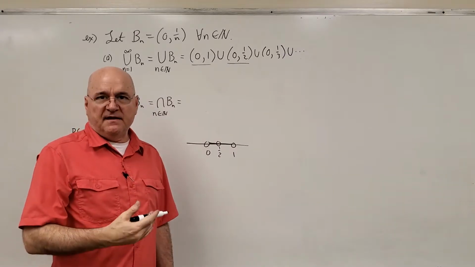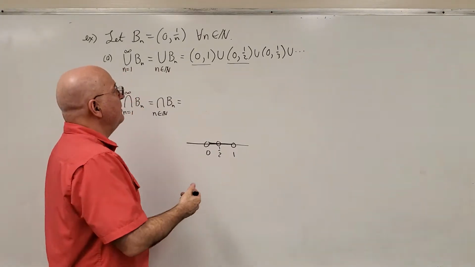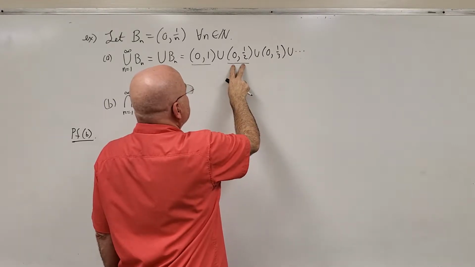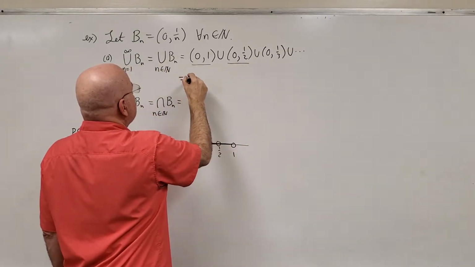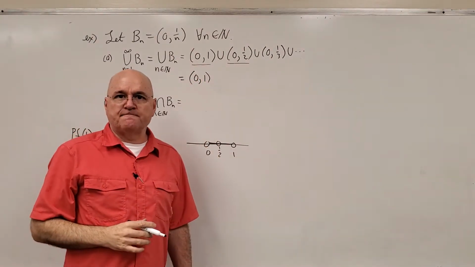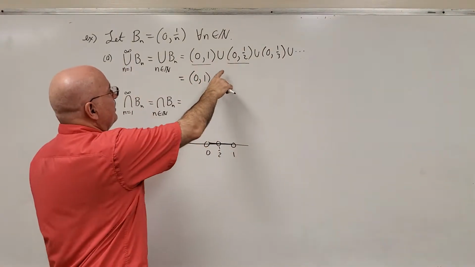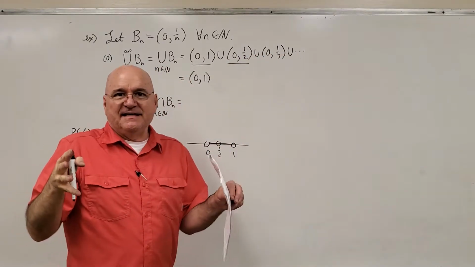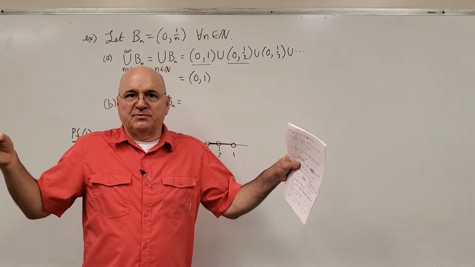It gave you nothing extra. So it should be easy to see then, since every set is a subset of the previous set, that this is just equal to the interval from 0 to 1. None of these intervals from here on contains any number outside of 0 to 1.